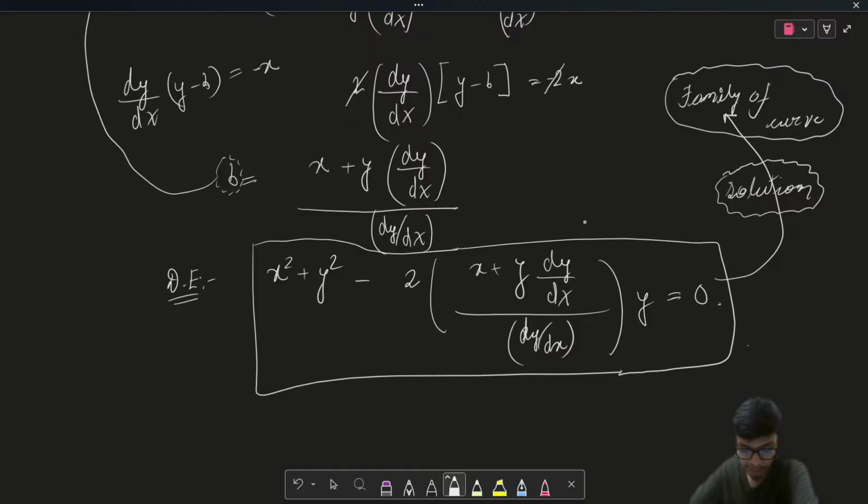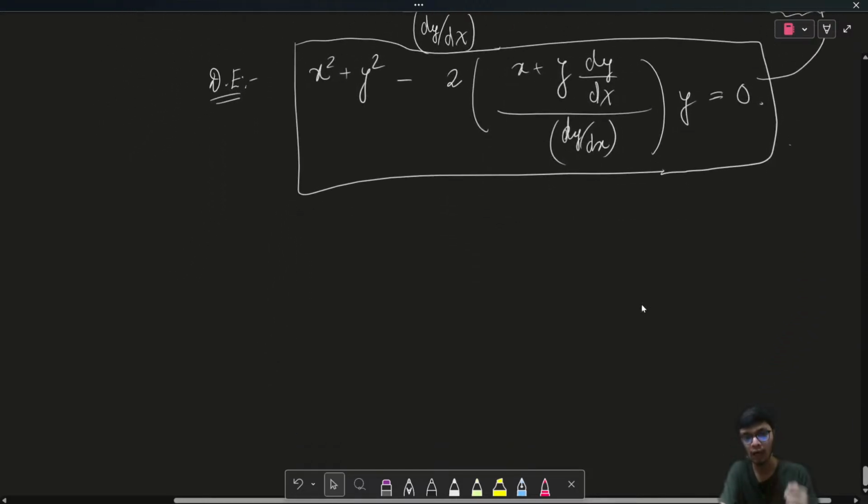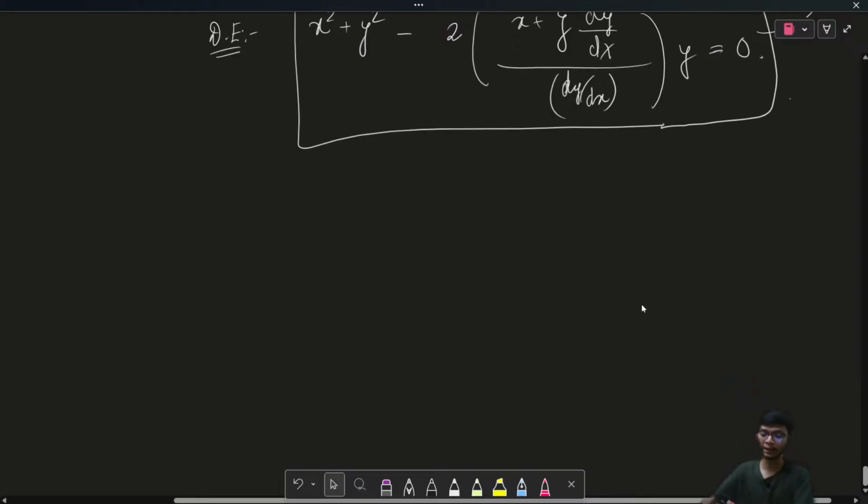So let's see the first form of solving an easy differential equation, and that is known as variable separable form, right? Once we know how to form the differential equation, our task is solving the differential equation.